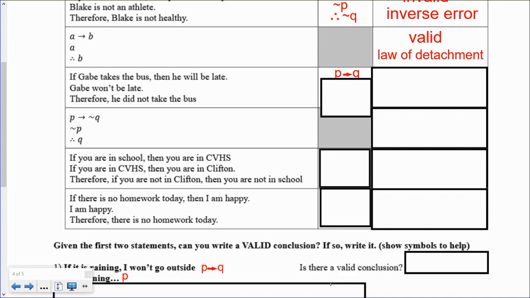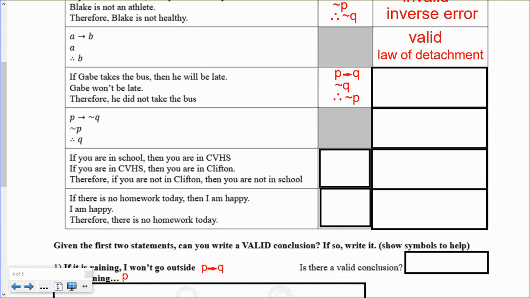What is that in symbols? Squiggle Q. The opposite of the second idea, which is squiggle Q. And then the third statement says, therefore, he did not take the bus. Therefore, squiggle P.